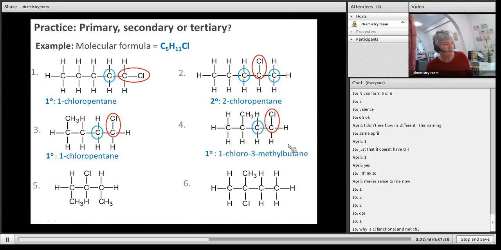Number 5. Okay, good question. There is little, and we'll do this when we do reactions, there's very little difference in reactivity between the C here and the C there, because there's no difference in electronegativity.